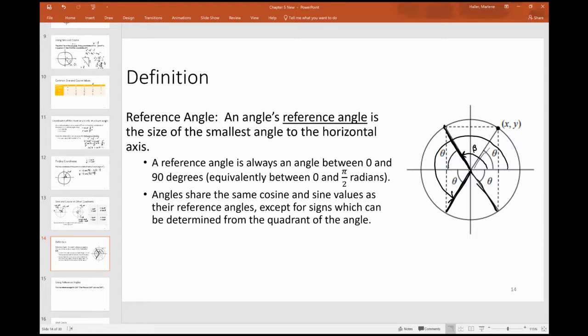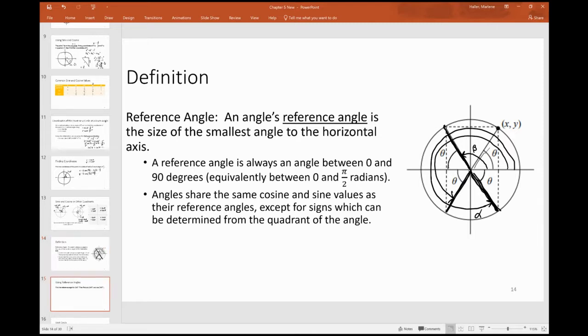I can have an angle way over here in quadrant 4, maybe it's 300 or 315 degrees, something like that, right? Call that guy alpha. That big angle alpha, its terminal side is here. The reference angle, again, is theta because that's the smallest angle between the terminal side and the horizontal.